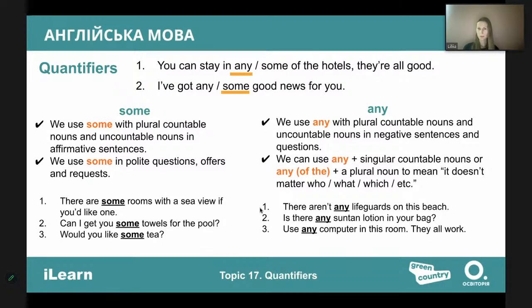For example, there aren't any lifeguards on this beach. Is there any suntan lotion in your bag? Use any computer in this room. They all work. So sometimes any can be used in positive sentences in the context that whatever you choose, all of them are fine.